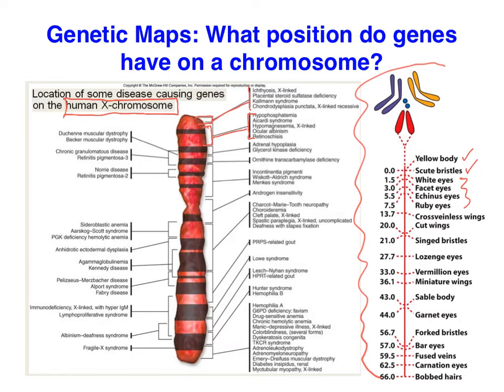So even in, let's say, this tiny region at the bottom of the X chromosome, all of these disorders have been associated with genes or mutations in this tiny region of the chromosome. There's a lot going on here, and so it's really important for us to be able to simplify and make a map of what's going on at the genetic level.